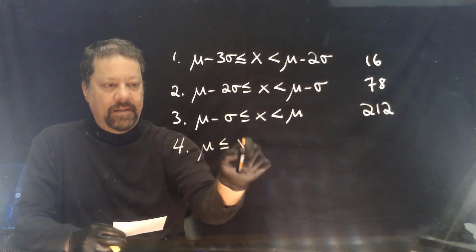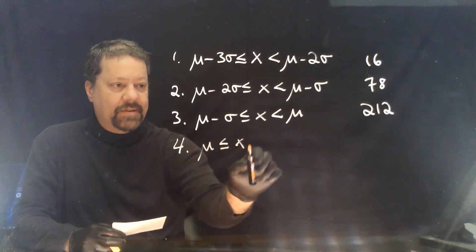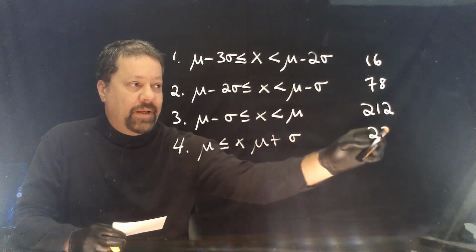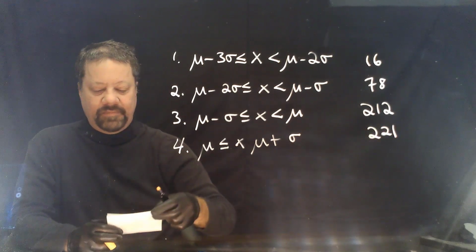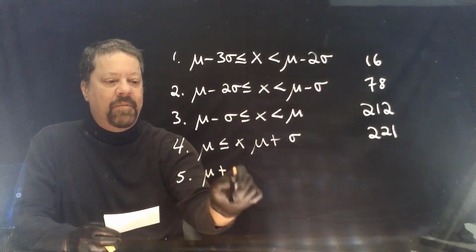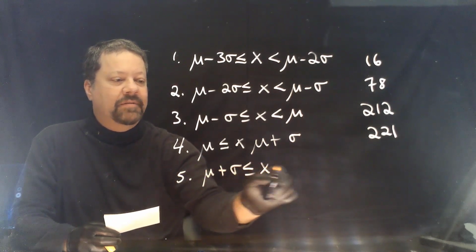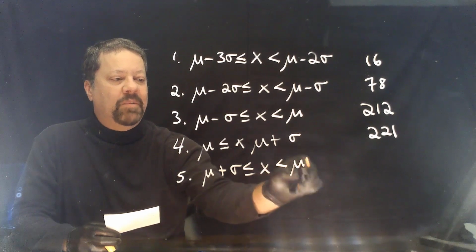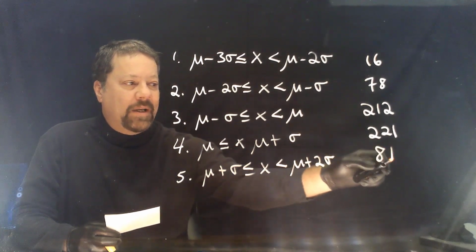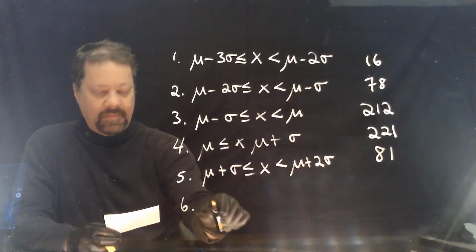From the mean to the mean plus 1 standard deviation, there were 221 days. From the mean plus 1 standard deviation to the mean plus 2 standard deviations, there were 81 days.